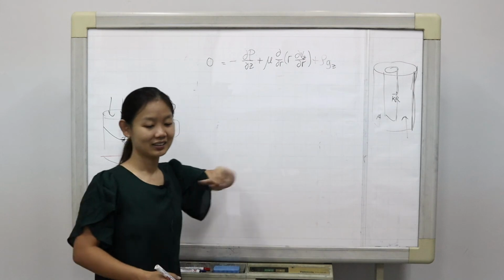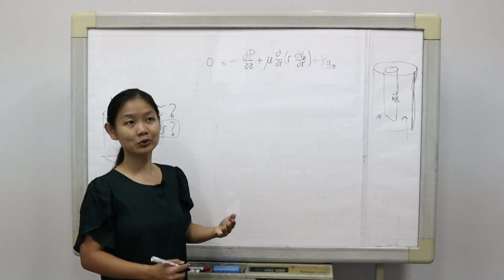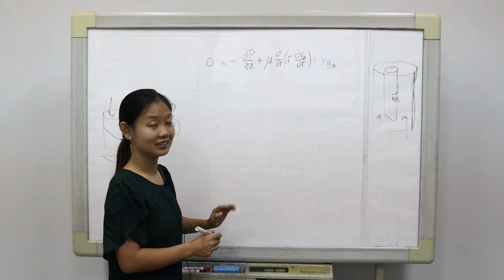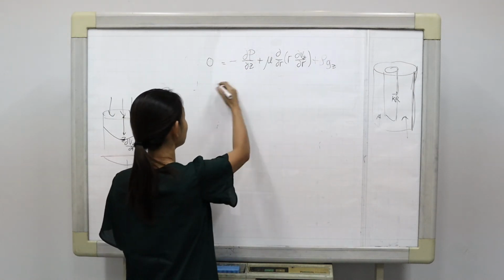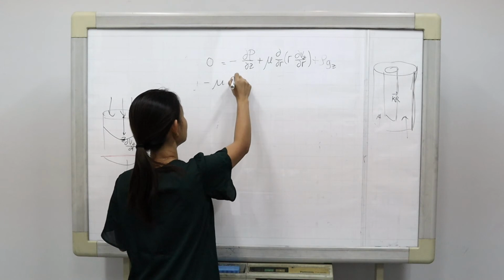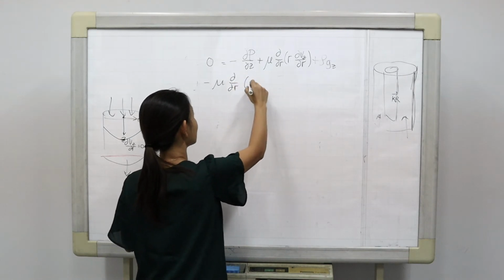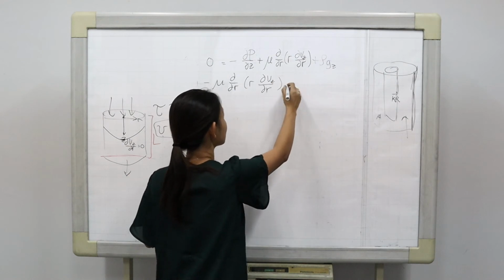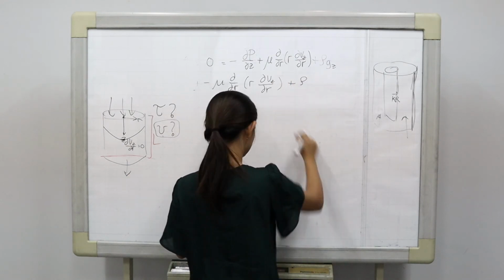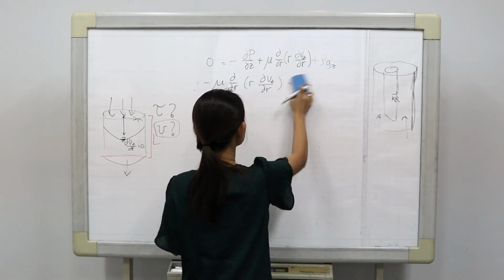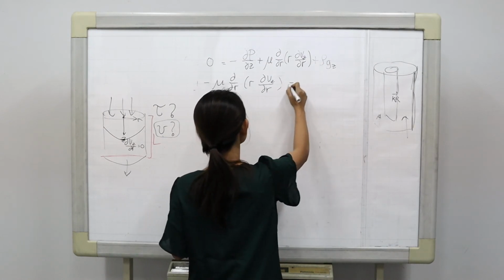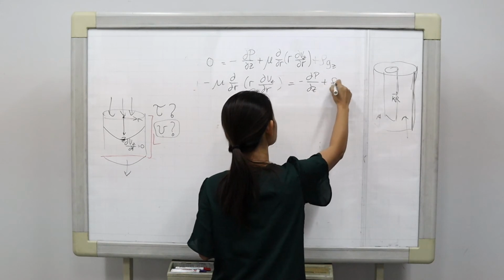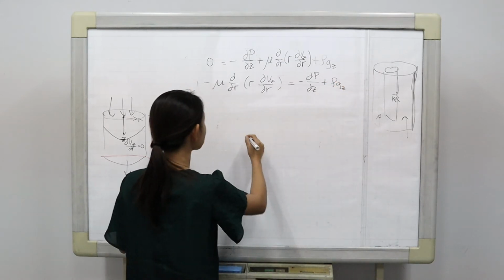When we want to know the velocity profile, we just need to solve these equations. Now let's solve it. It's minus mu dou over dou r of r dou Vz over dou r, equal to minus dou pressure over dou z plus rho Gz.